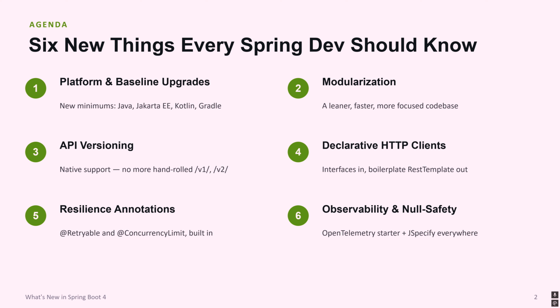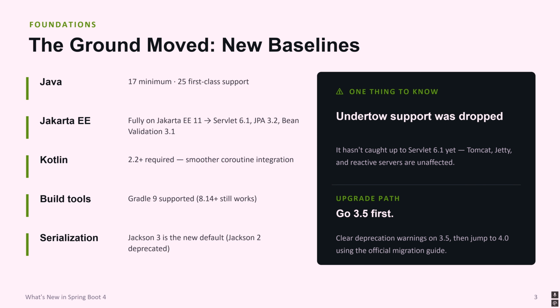Here are the highlights of the main things that come with Spring Boot version 4. I'll go through each of them one by one in detail so you have a better idea of what they are. The first one is the baseline and platform upgrades.